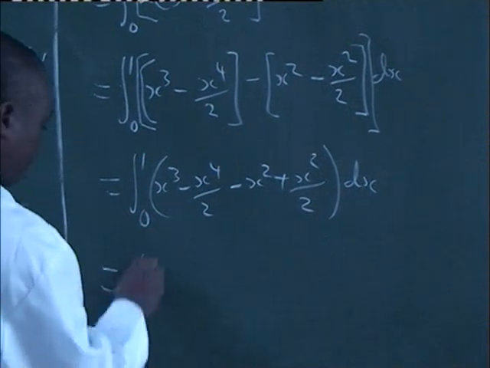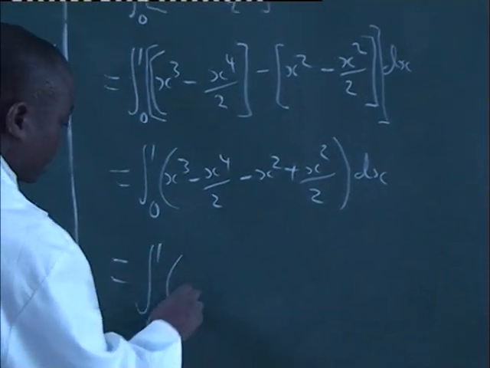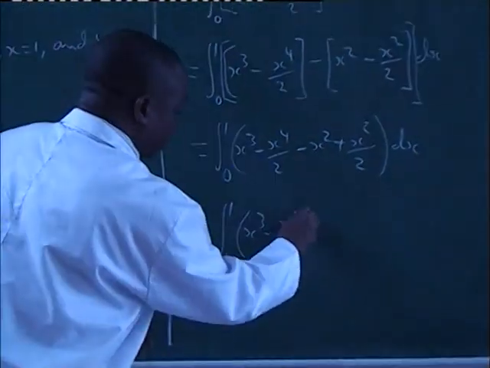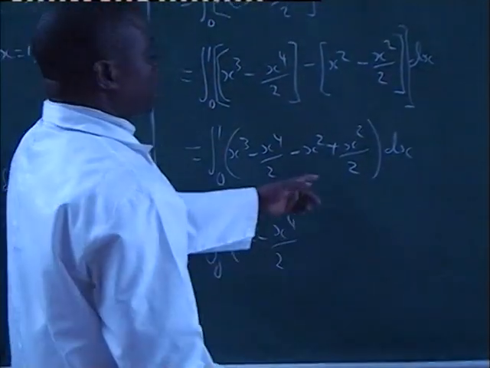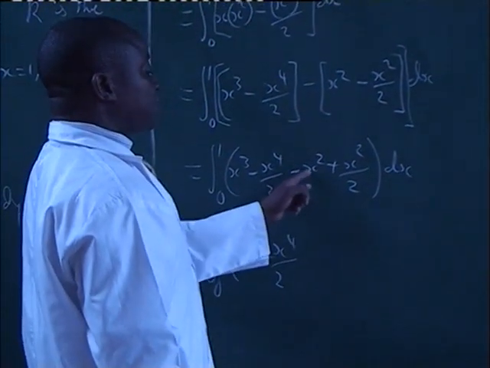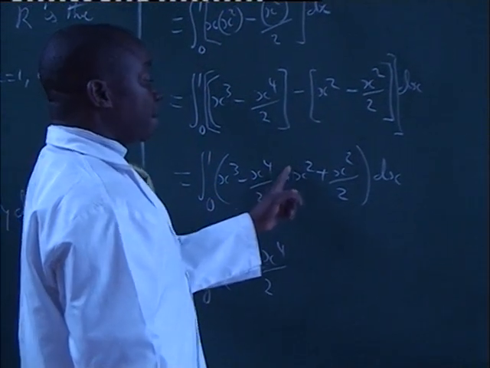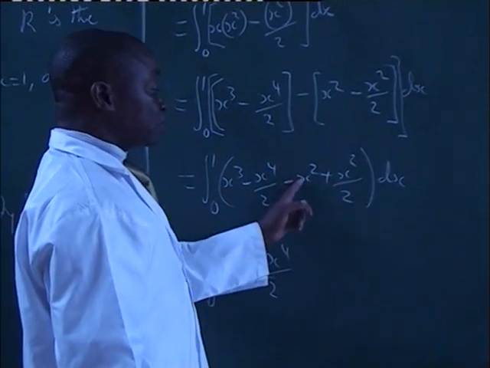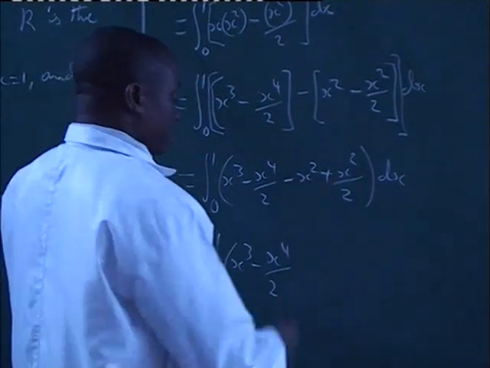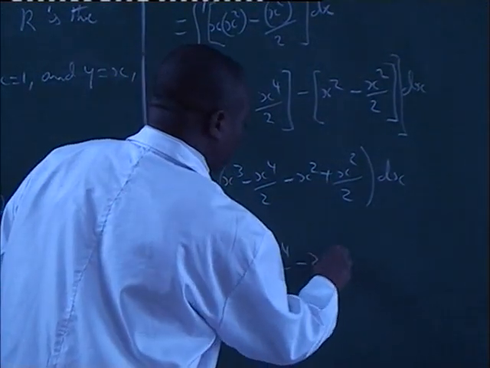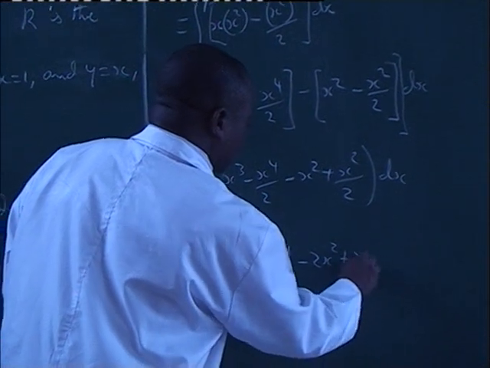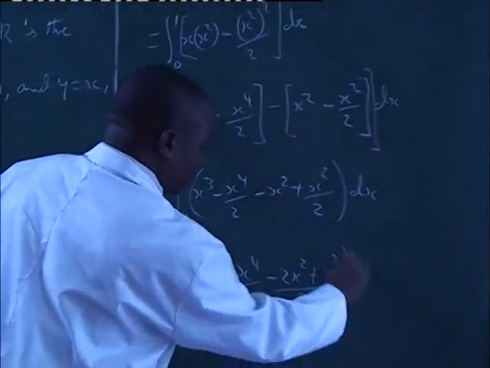Let me make the corresponding terms come out, that we have x cubed minus x to the power 4 over 2, then minus x squared plus x squared over 2, the dx.